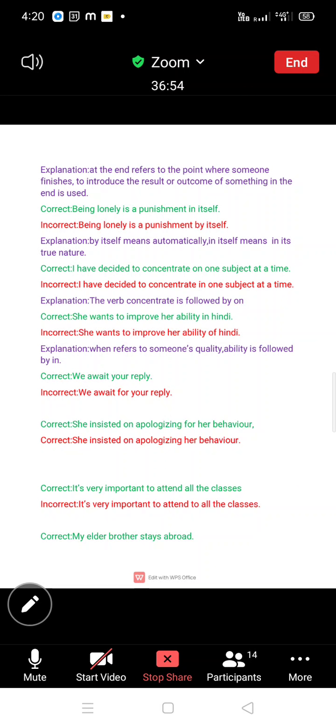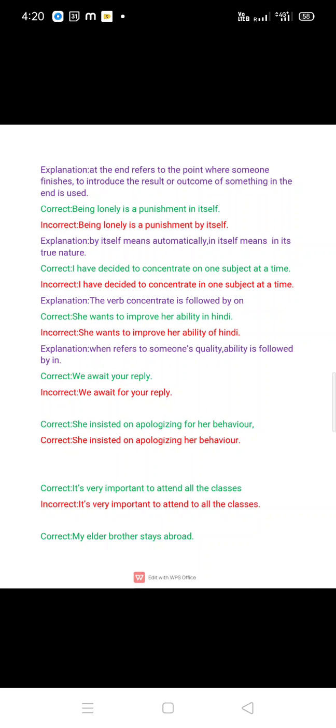Next one is, at first look at the incorrect sentence. Being lonely is a punishment by itself. Okay. So, by itself is a wrong term. You should use in itself. Why? Because you can see here in the explanation, by itself means automatically.